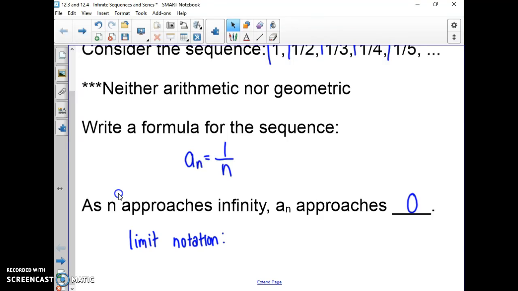we would write it like this. We would say the limit as n approaches infinity. So we've got that lim as our limit. Underneath it, we'll put n arrow infinity. That means n approaches infinity. And then here we'll put a sub n. And that value equals 0.